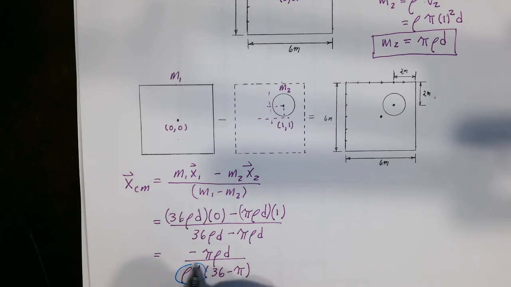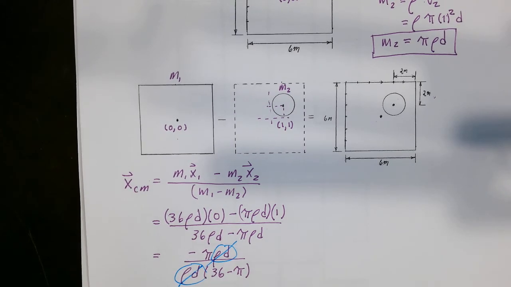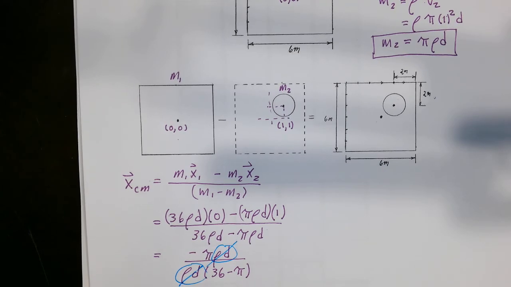So this rho d and this rho d should cancel out, giving you negative pi over 36 minus pi, which is what you should get for x sub cm.